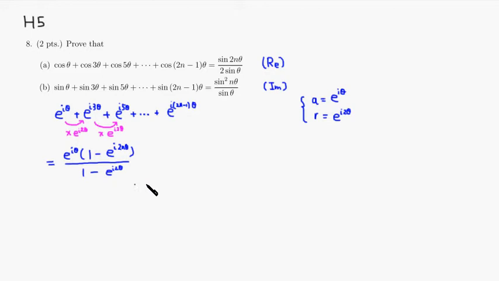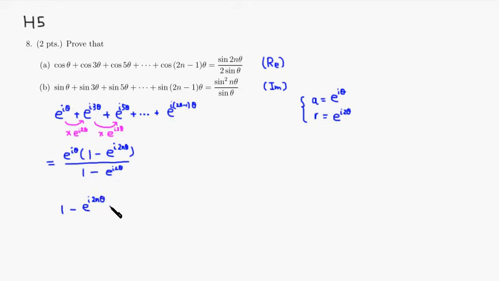Then just like the example we did in optics in class, we can rewrite this. So we have 1 minus e to the i 2n theta.